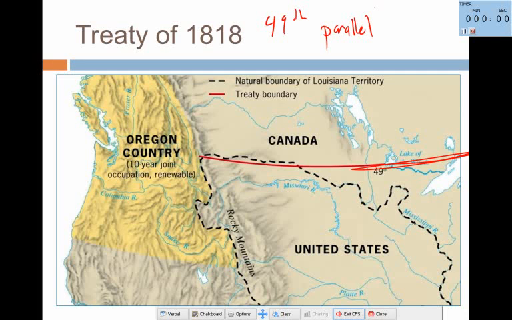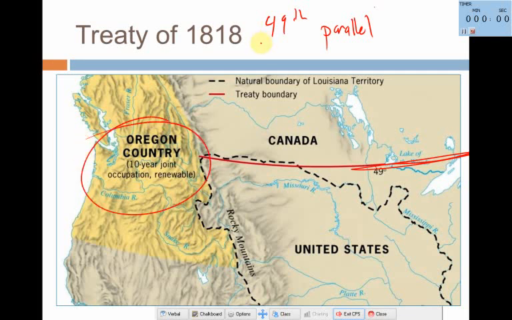That's the 49th parallel. And by parallel, you know what I mean, like those longitudinal, latitudinal lines across the world, right? They also said that they would jointly occupy the Oregon country.